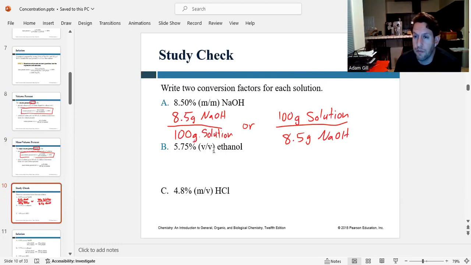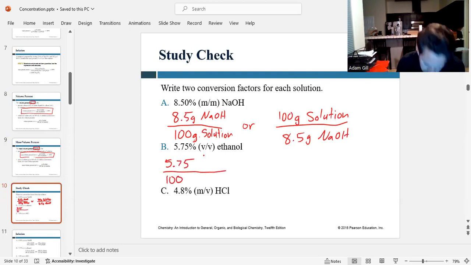5.75% V over V. Well, percent means over 100. So this is going to be 5.75 over 100. The V stands for volume. And so the unit of volume is milliliter. And so this is going to be milliliter over milliliter.